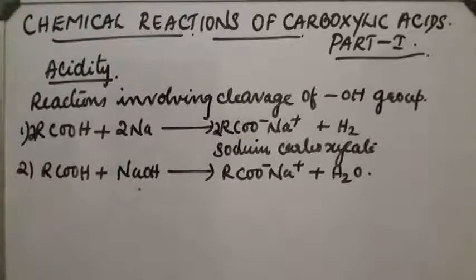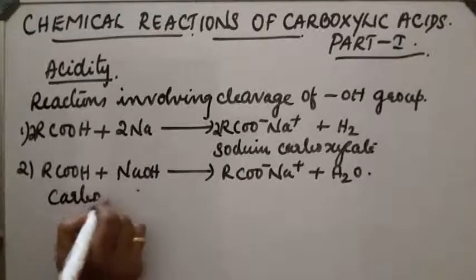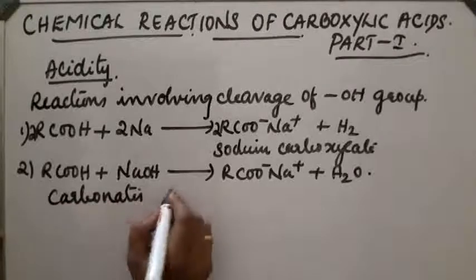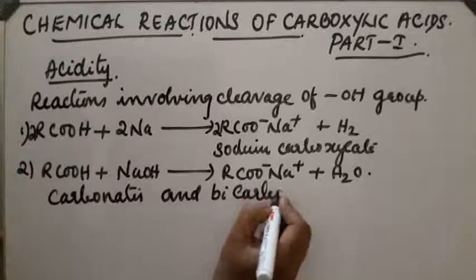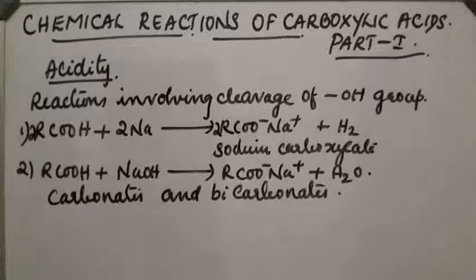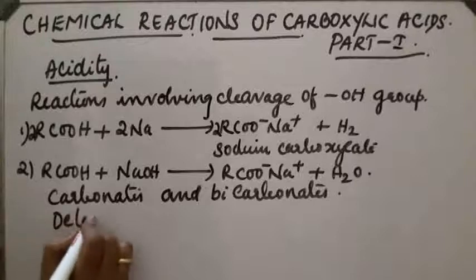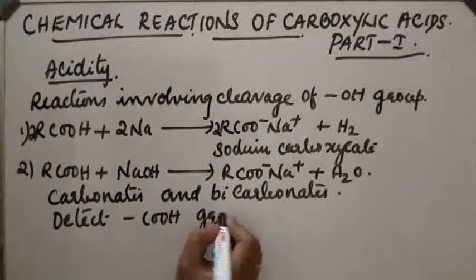Unlike phenols, carboxylic acid reacts with bases like carbonates and bicarbonates, and carbon dioxide is evolved. So these reactions are used to detect the presence of the COOH group in carboxylic acid.